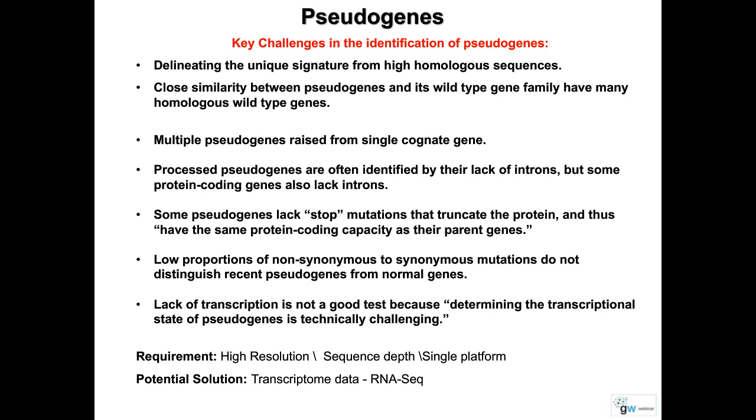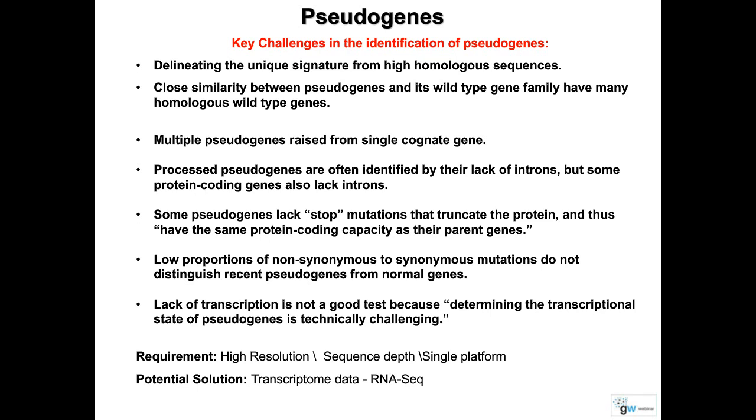And the other challenge is that processed pseudogenes are often identified by the lack of introns, but some protein coding genes also lack introns, what we call intronless genes. So already well characterized or well annotated genes are also found to be intronless genes. Since the processed pseudogenes do not carry introns, sometimes it is challenging to separate whether to call it a pseudogene or a protein coding gene. So this is again another challenge.